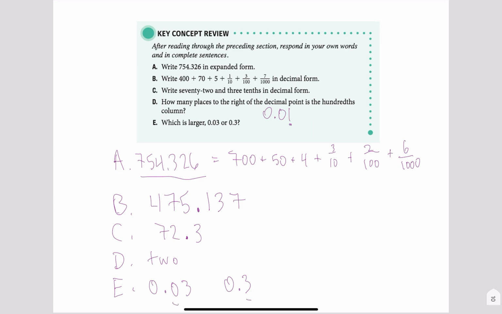Well, which is larger, 0 or 3? 3 is larger, so then this number is always going to be larger no matter what comes in the subsequent place values, right? This is really kind of like a 0.30. We can always add as many zeros as we want to a number in order to help compare. So what's larger, 3 cents or 30 cents? Well, definitely 30 cents is larger. And so 0.3 is larger than 0.03. Hopefully that makes sense.